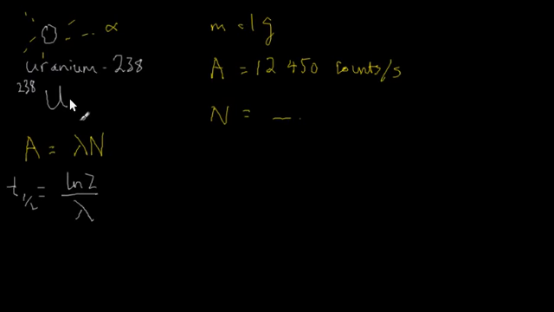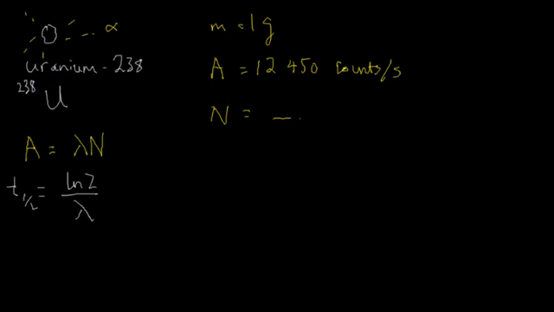Now, another way we can do it is to know that this number 238 is also equal to the mass of 1 mole of this uranium 238, the mass of 1 mole in grams.